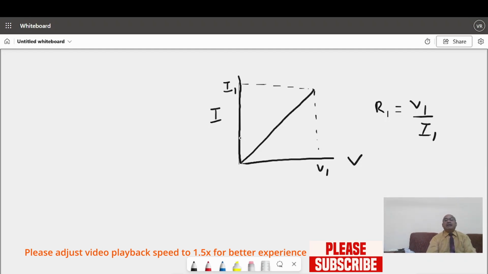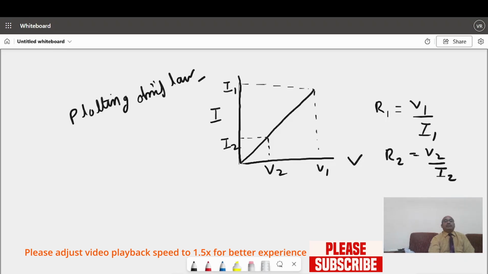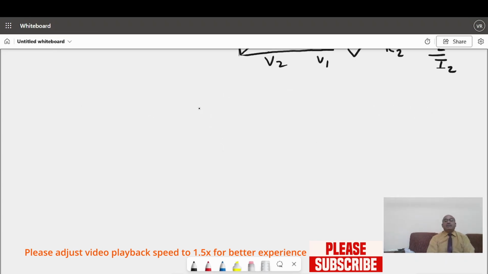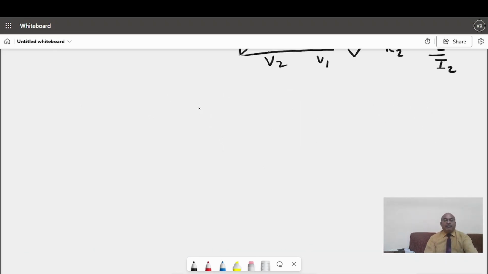For the same component, for example, this is I2 and this is V2, so the resistance R2 is equal to V2 by I2. This is called the plotting of Ohm's law. The X-axis is voltage and the Y-axis is current. This graph is always linear. Wherever you want to get the resistance, you calculate it like that. Next class, we are going to start with power and energy.